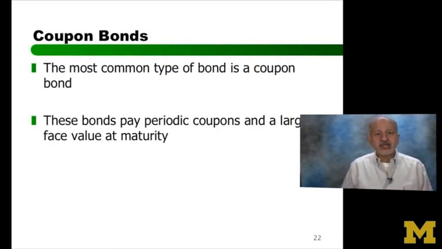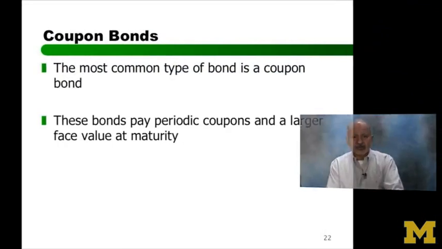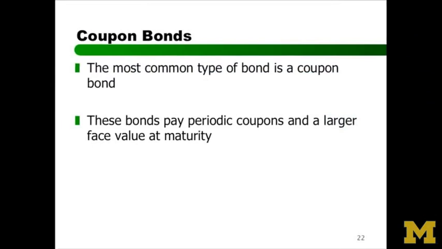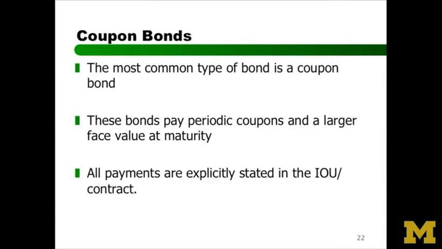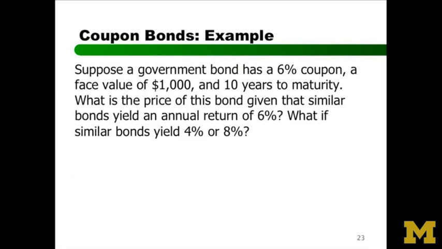Okay? These bonds pay periodic coupons and a larger face value at maturity. All payments are explicitly stated in the IOU contract. Okay, so we talked about the fact that this is an IOU. So the difference between a zero coupon and a coupon paying bond is simply the coupon part. Okay, and we'll just do some examples.